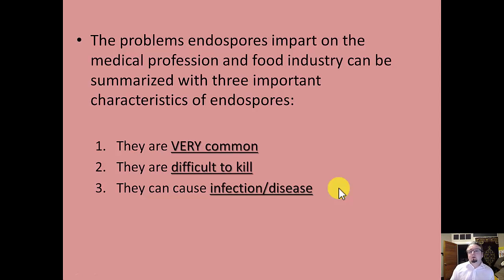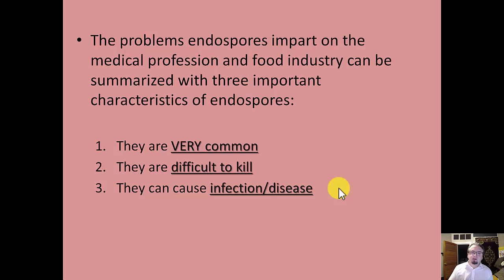If you look up endospore associated diseases, you'll find things like gangrene. You'll find intestinal infection. You can find things like botulism poisoning, anthrax, inhalation anthrax, and cutaneous anthrax. These are diseases associated with endospore forming bacteria.